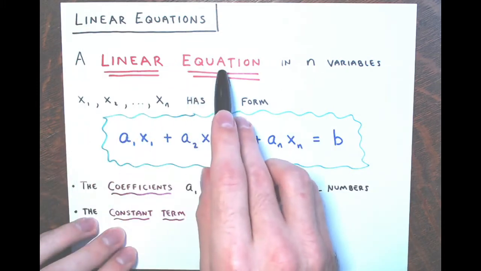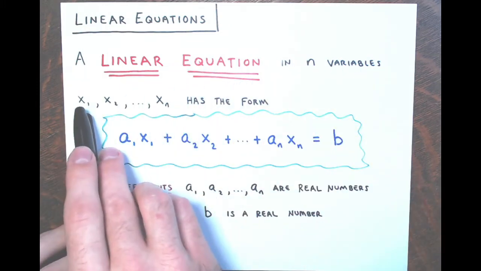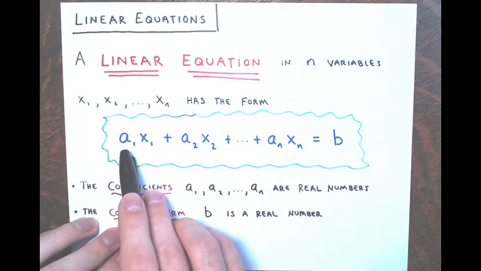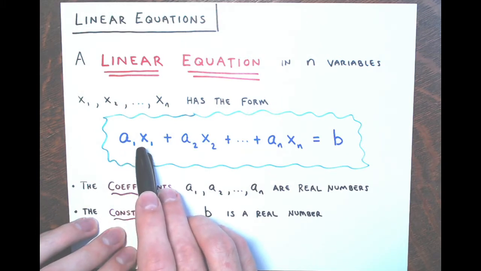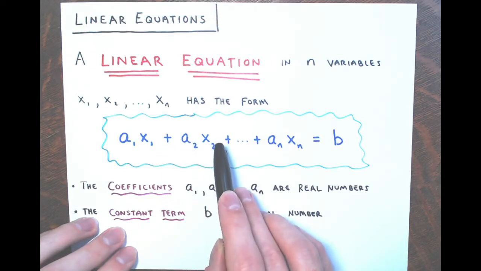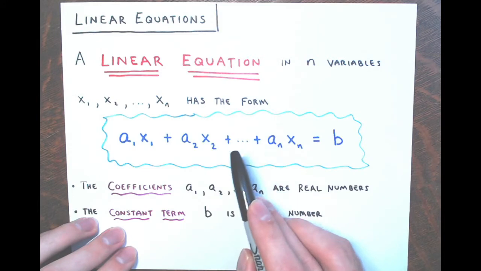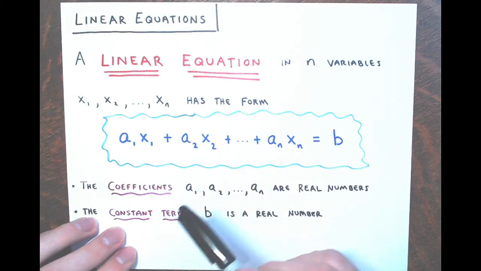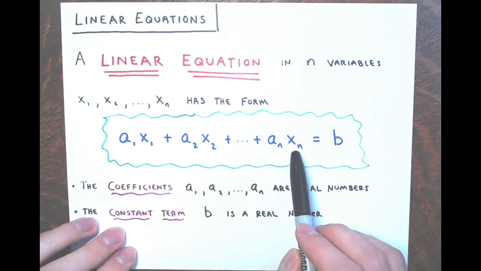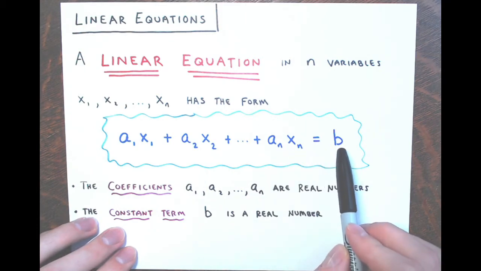So a linear equation in n variables x1 through xn has the following form: a1 times x1 plus a2 times x2 plus a3 times x3, a4 times x4, plus dot dot dot, plus an times xn is equal to b.